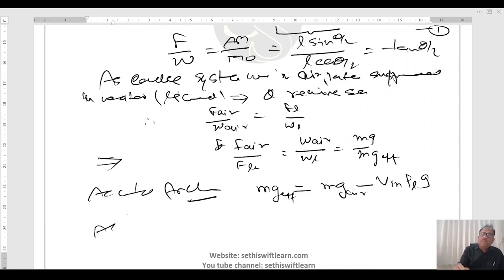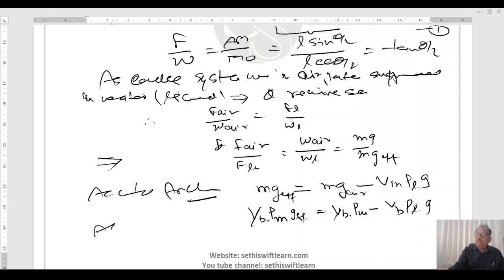As it is dipped completely, that will be the same. Volume of body into density of the material of the body into g effective equals volume of body into rho m minus V rho L into g, the density of the liquid.